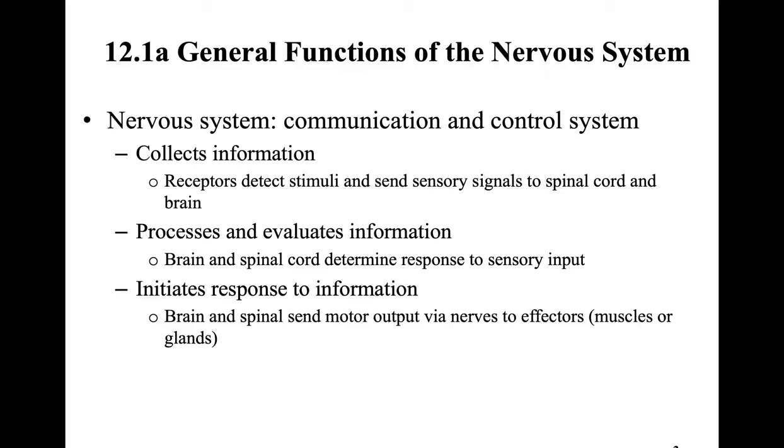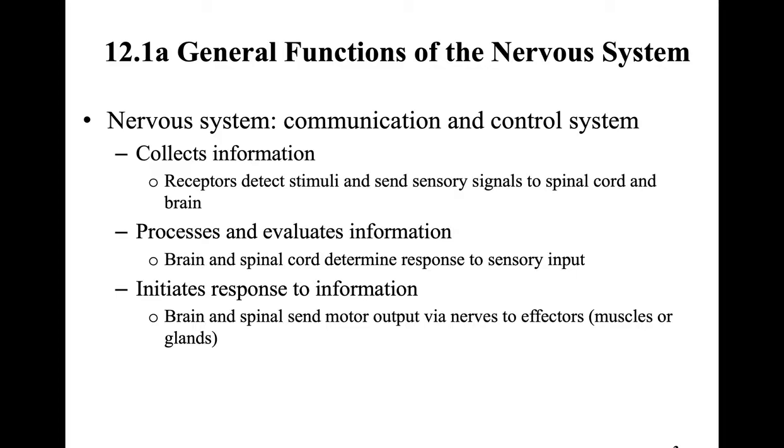Now the I, or integration or processing, will be done by the brain and the spinal cord. So the brain and spinal cord will do the integration, the processing. Then we have the letter M for motor. Now M is motor output. Now when it comes to chapter 12, they call motor output an effector.